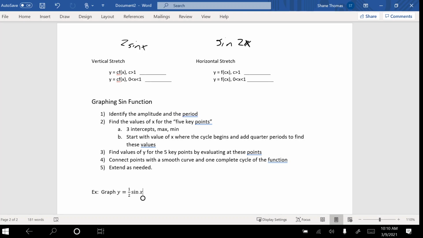But that's the difference in how it would look on a vertical stretch or a horizontal stretch. So a vertical stretch, if the number that you're multiplying by is greater than 1, then you're going to stretch it. If the number is between 0 and 1, which means it's a fraction, all right, then you shrink it.